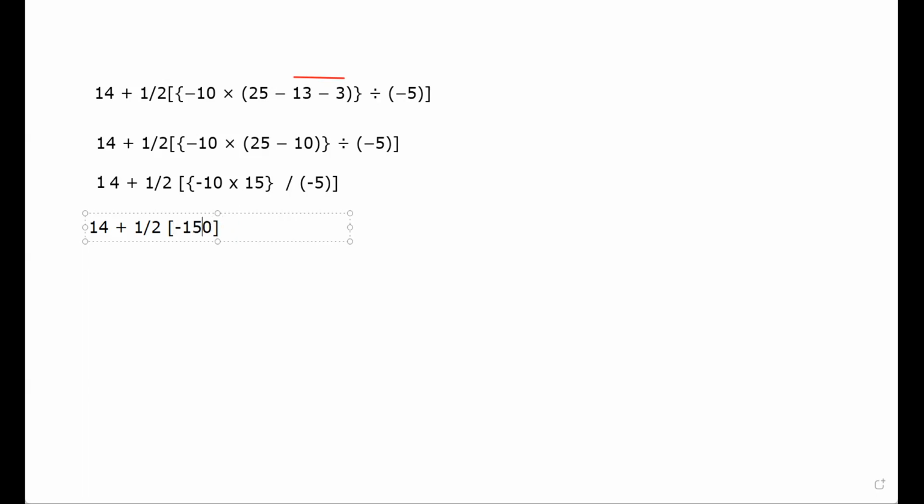No need for that. Just write down divided by minus 5. Once we have done that, we simply write down the equation 14 plus 1/2, and it will give you 30.